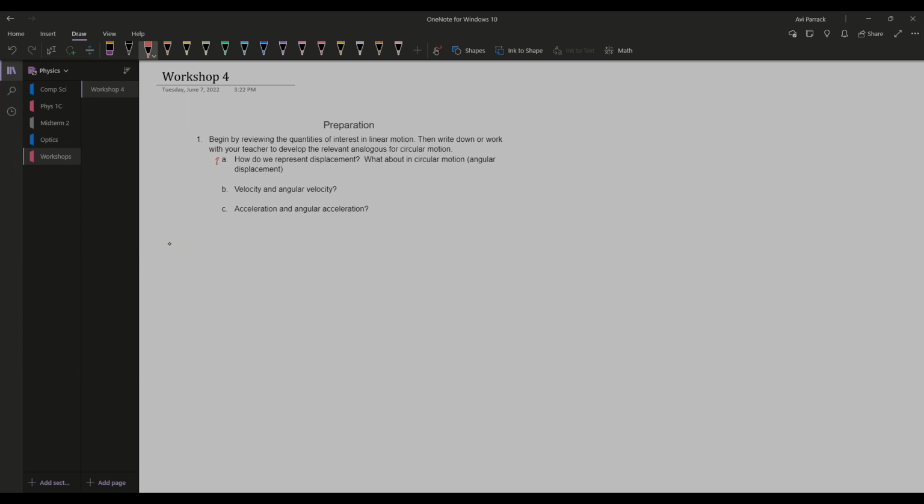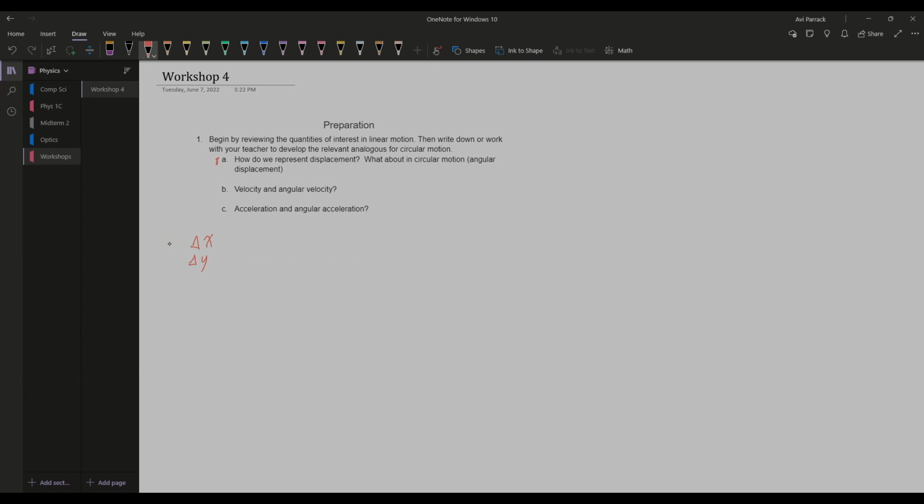It says part A, how do we represent displacement? What about in circular motion, angular displacement? So if we're talking about regular displacement, you guys have been doing that, right? You think about it as maybe a change in X, or maybe we're doing a different problem and we're going up and down and it's a change in Y, some displacement in the Y direction, some displacement in the X direction.